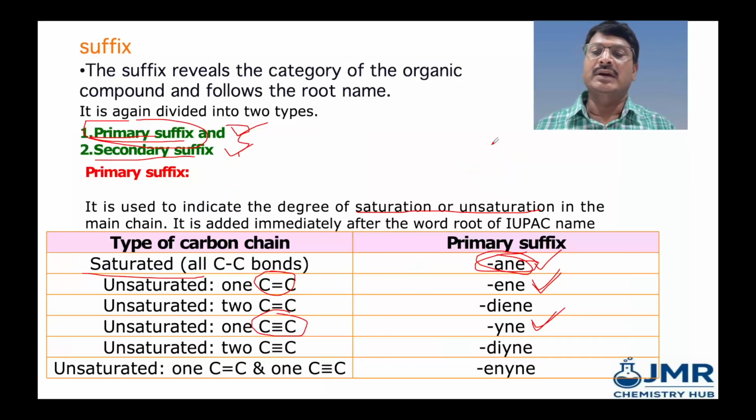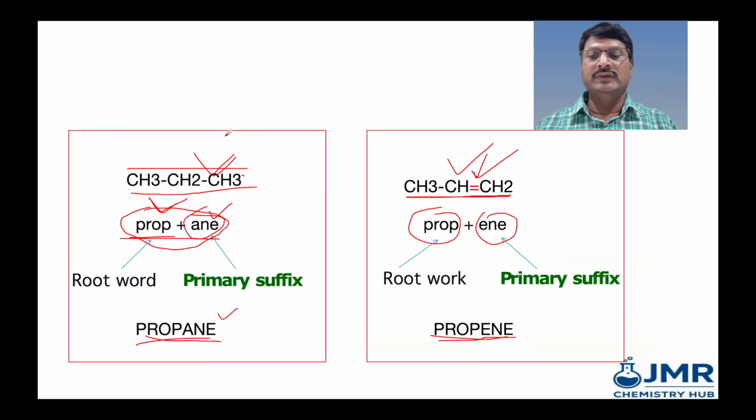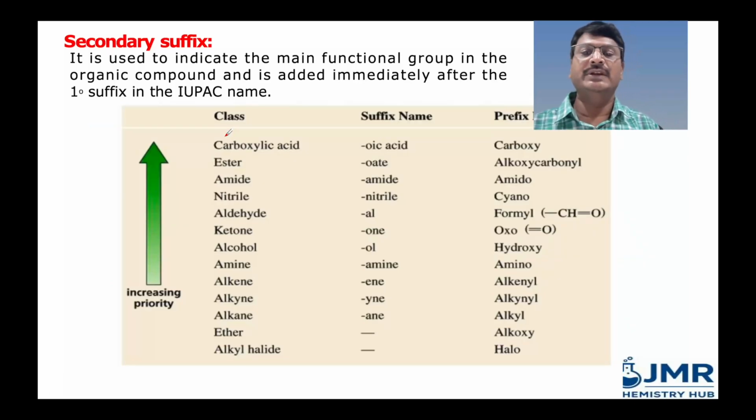And when the compound has a functional group along with the primary suffix, another word will come in the name, that is the secondary suffix. Depending upon the type of functional group present, you use the secondary suffix word. For example, for carboxylic acid, the COOH group, the suffix word is "oic acid."